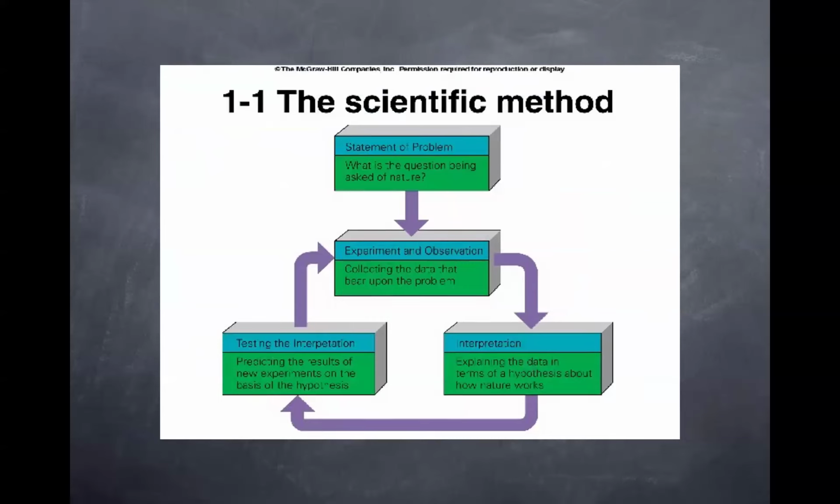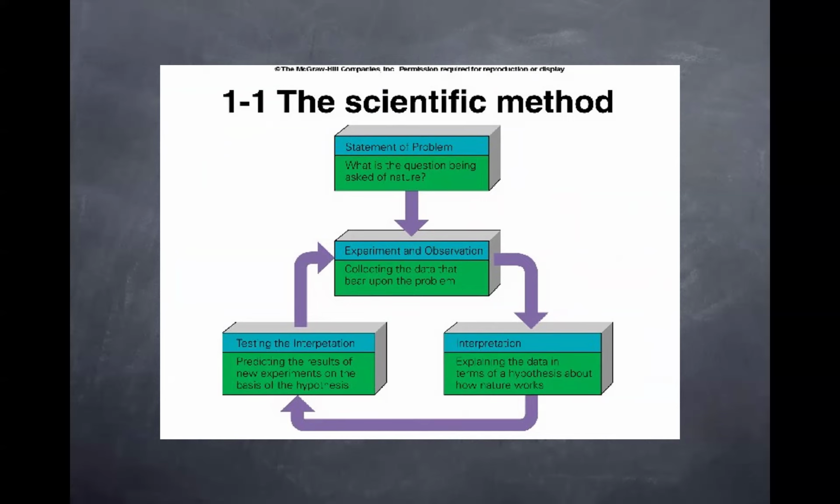Next, you're going to interpret the data, which is explaining the data in terms of a hypothesis about how it works and how it relates to nature. The last one is testing your interpretation, which is predicting the results of new experiments on the basis of the hypothesis. And it goes back in a circle.